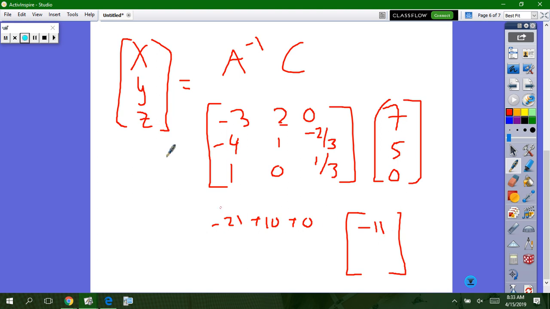Now I'm going to take row 2. -4 times 7 is -28. 1 times 5 is 5. -2/3 times 0 is 0. So that ends up being -23.